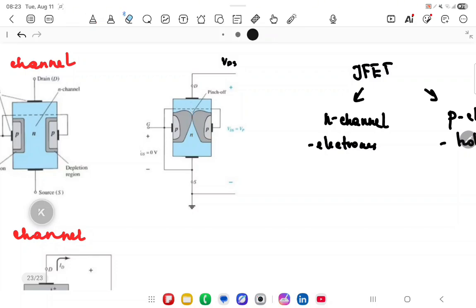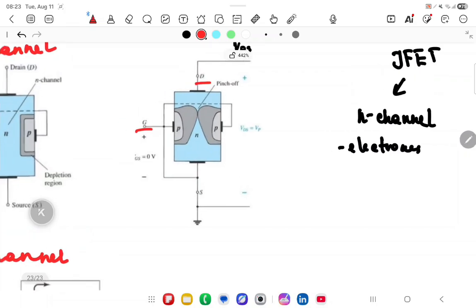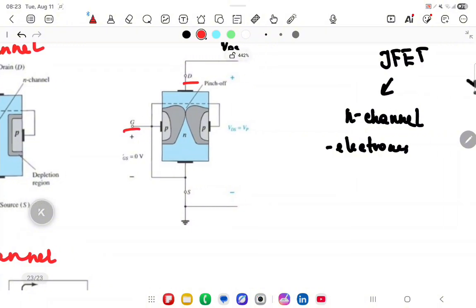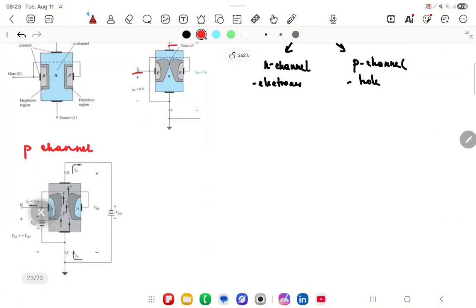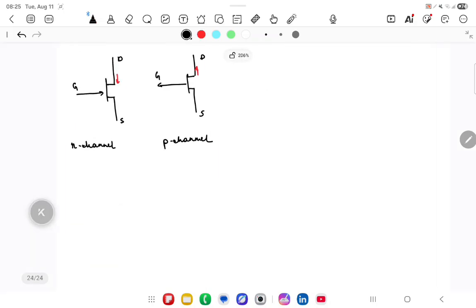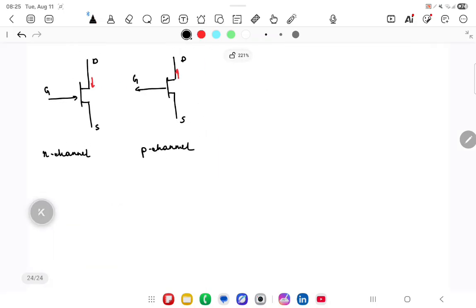So why does this happen? It usually happens because as VDS grows, the gate to drain bias will be more reversed, and as a result, the depletion region grows. The same thing happens with the P channel, but with opposite polarity. So this is usually how they illustrate the N channel and P channel GFET transistors.